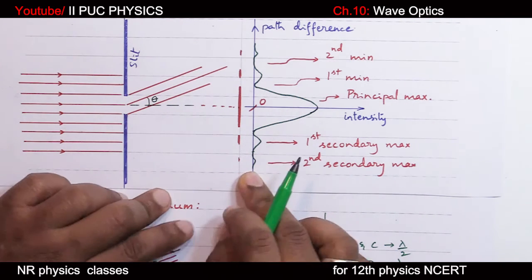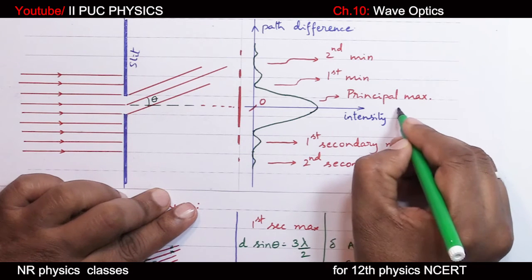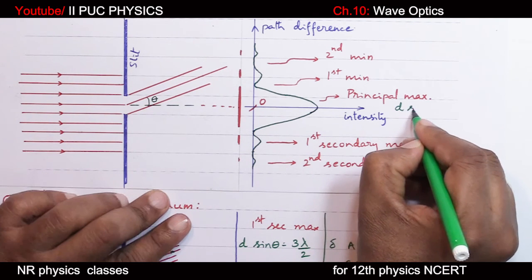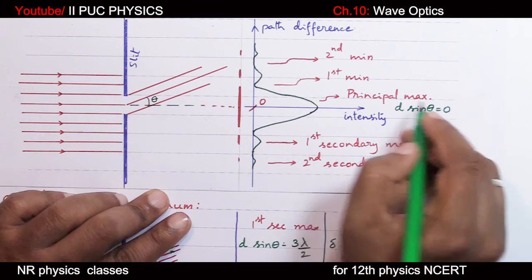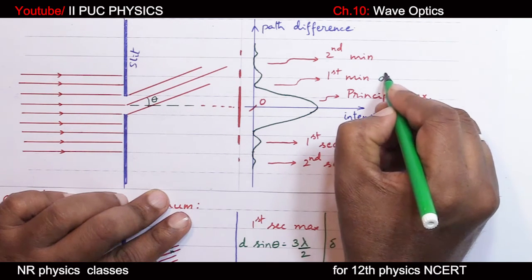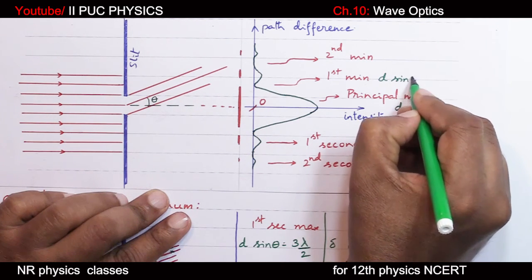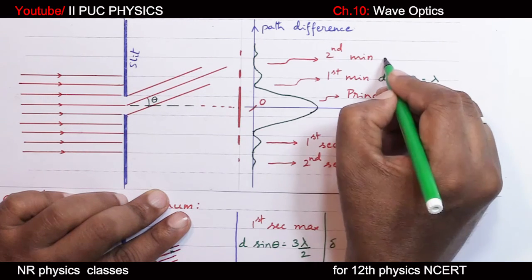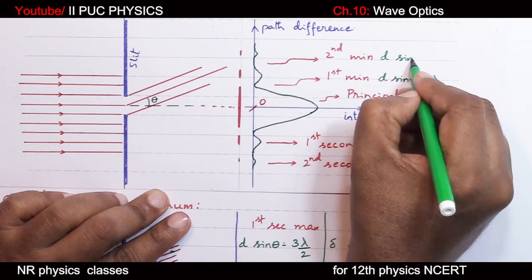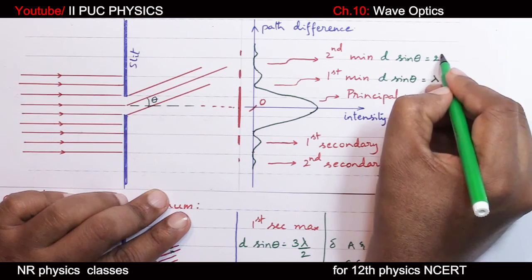Now let me write. For the principal maximum, d sin theta should be equal to 0. Path difference should be equal to 0. For the first minimum, d sin theta should be equal to lambda. For the second minimum, d sin theta equal to 2 lambda.